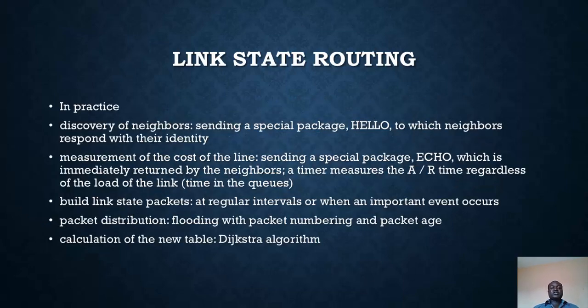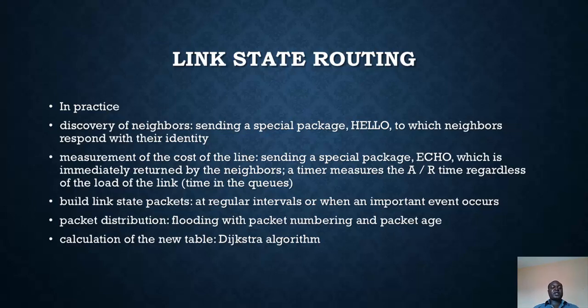In practice, discovery of neighbors is done by sending a special packet, which we call Hello, to which neighbors respond with their identity. Measurement of the cost of the line is done by sending a special echo packet, which is immediately returned by the neighbor. A timer measures the round trip time regardless of the load of the link.